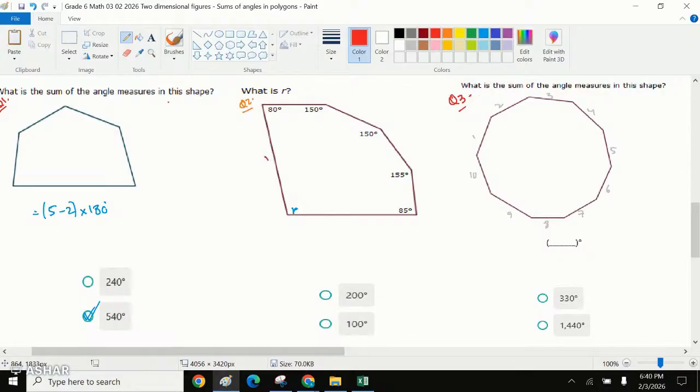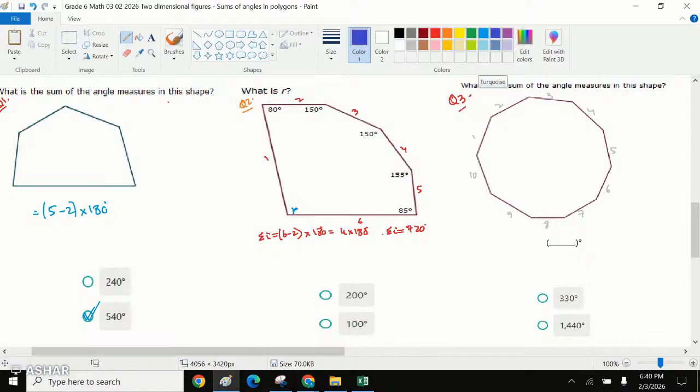In this case, we had 1, 2, 3, 4, 5, and 6 sides. That means sum of interior is 6 minus 2 into 180. That is 4 into 180. That means sum of interior comes out to be 720. Yes, perfect.